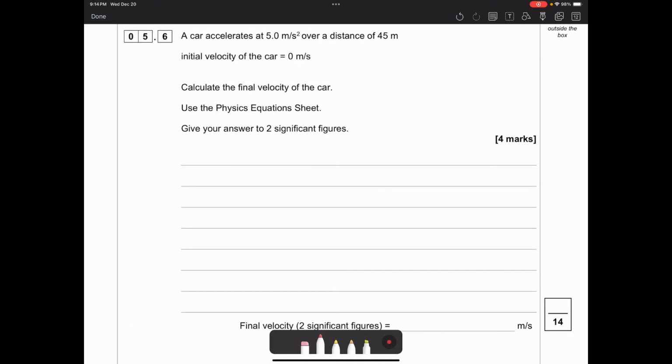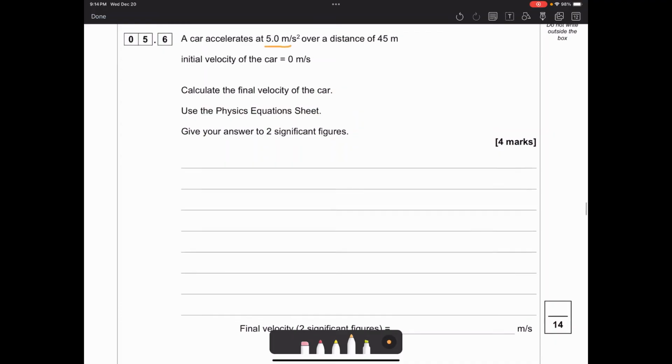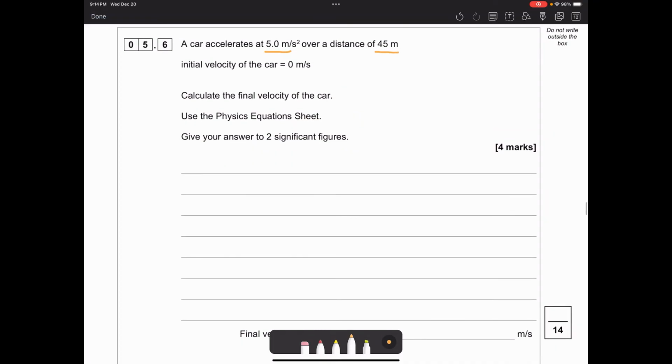Okay, so question 5.6 then. It says a car accelerates at 5 meters per second squared over a distance of 45 meters. The initial velocity of the car was 0 meters per second. Calculate the final velocity of the car using the physics equation sheet. Give your answer to 2 significant figures.